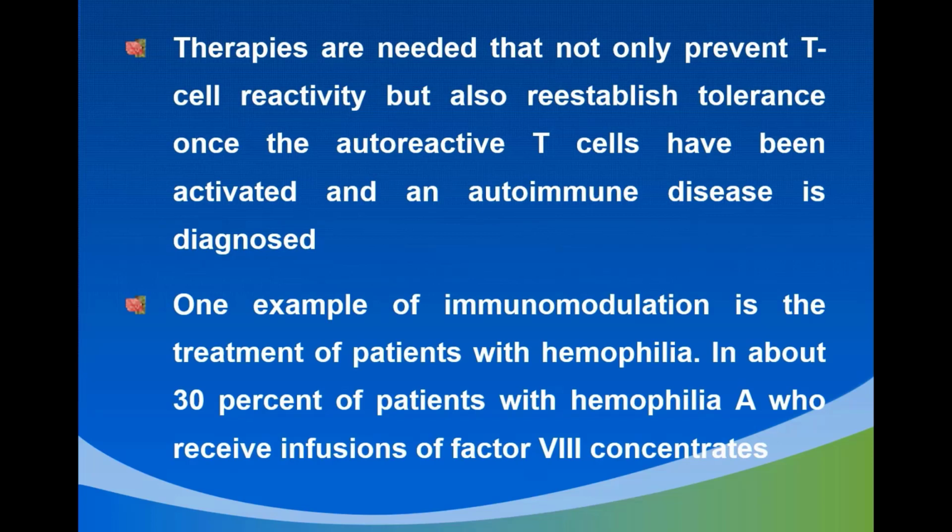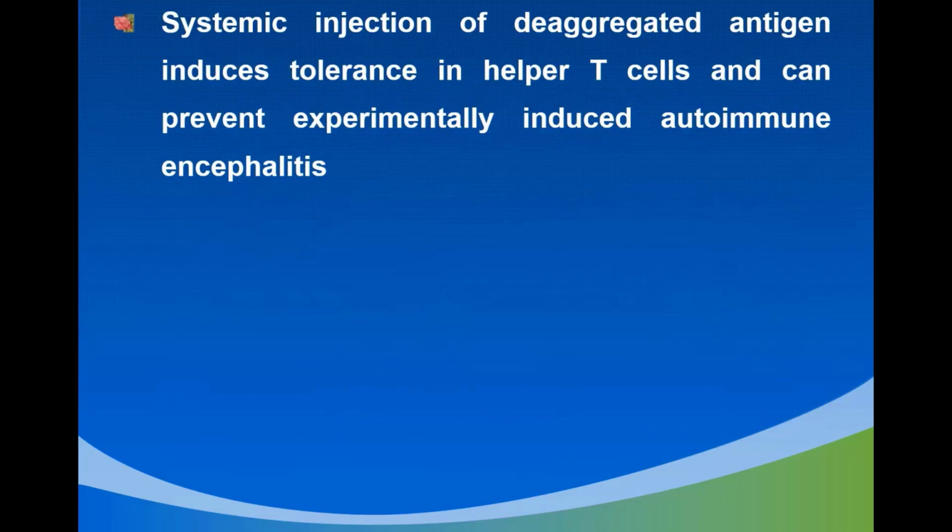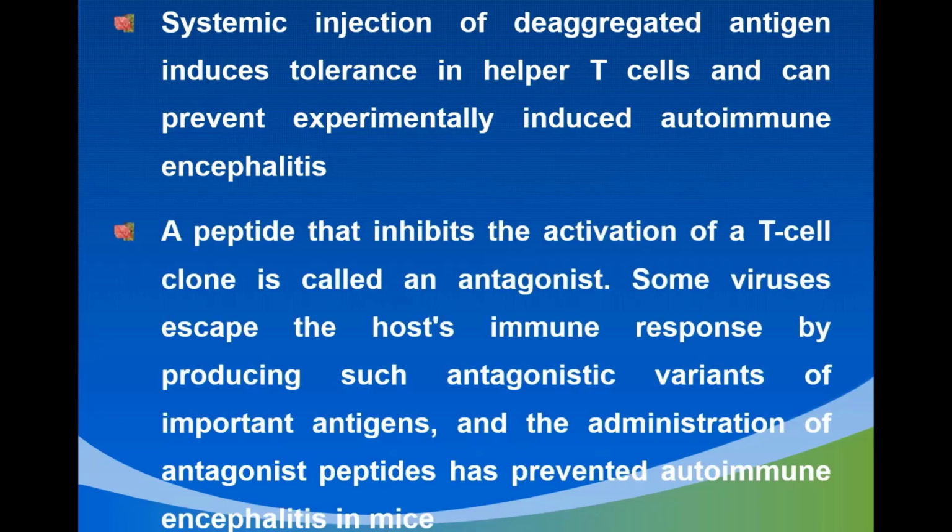One example of immunomodulation is the treatment of patients with hemophilia. In about 30% of patients with hemophilia A who receive infusion of factor VIII concentrate, systemic injection of deaggregated antigen induces tolerance in helper T cells and can prevent experimentally induced autoimmune encephalitis.